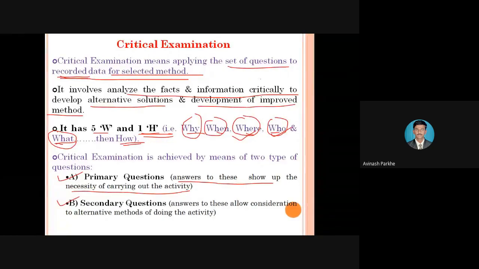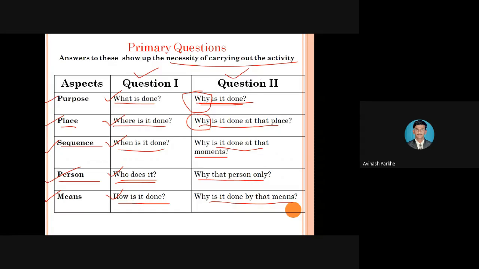So if I have to go for the analysis in detail, at that time we have to implement this critical examination concept in the industry, in which we are applying the primary set of questions and the secondary set of questions in the form of 5 WH questions and 1 H question. So by applying these questions to any method, you will get all the types of information in detail, and through the answers to all those questions, we can go for further modification.